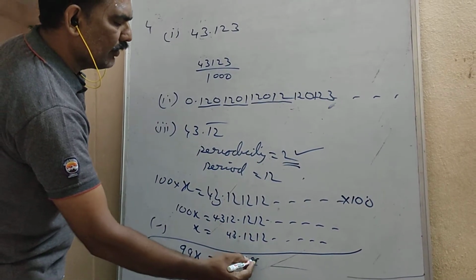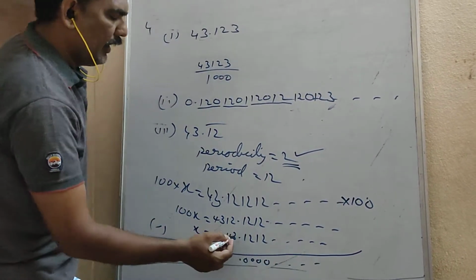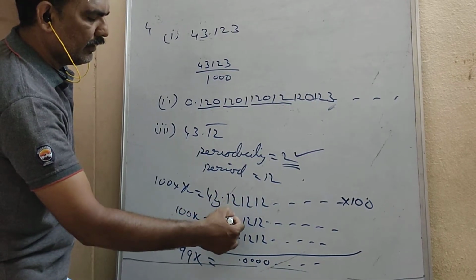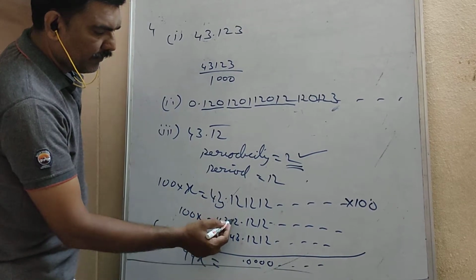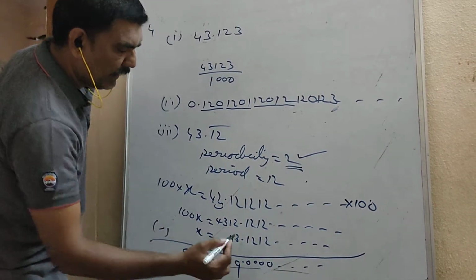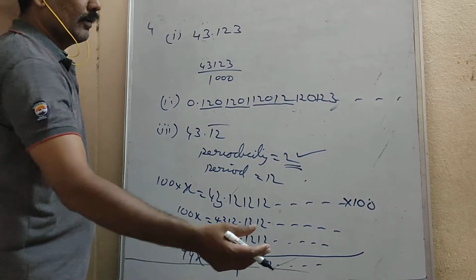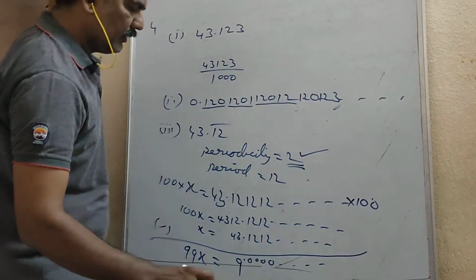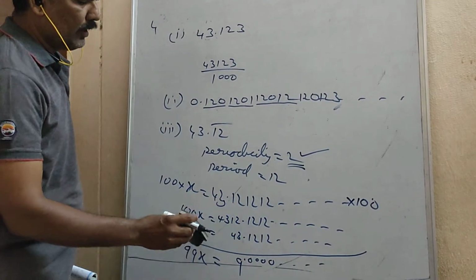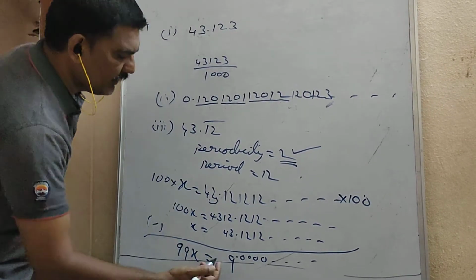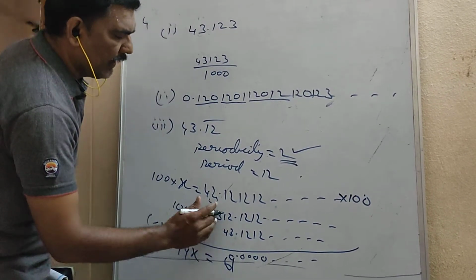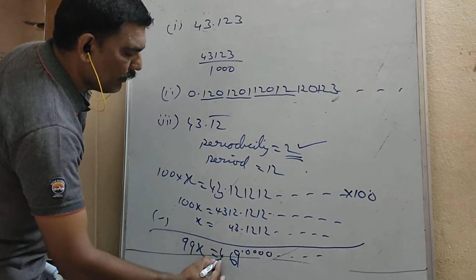after the point you have only zeros, and before the point here 2 is there, 3 is there. 12 minus 3 is 9, and 1 you borrowed, so 0 is there here. 10 minus 4 is 6. As you borrowed, 42 will be there.